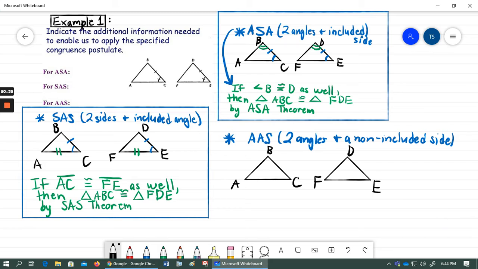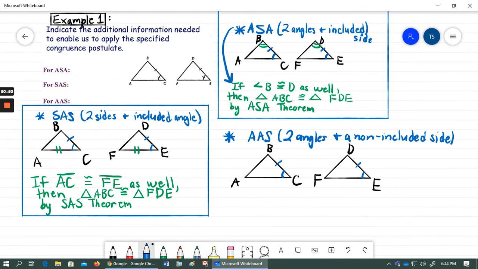Alright, so let's see here. The congruency marks that were already there were this one here, and that one, and this one, and this one right there. Okay. So if we wanted to show that these two triangles were congruent by angle angle side, we would need to have two angles and a non-included side, right?